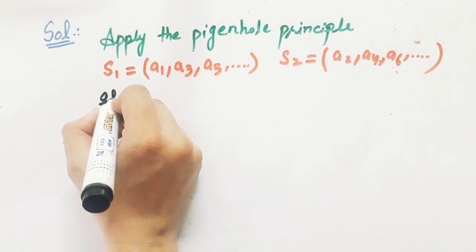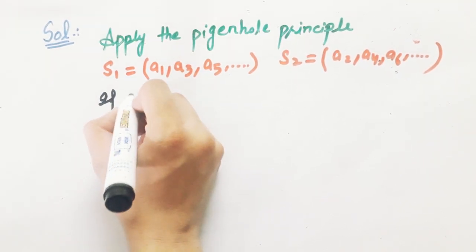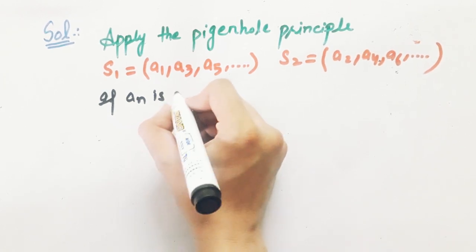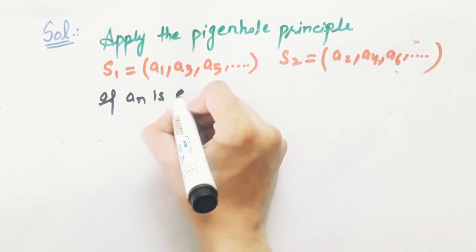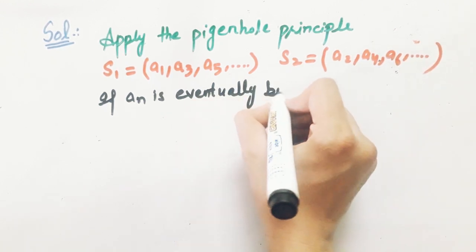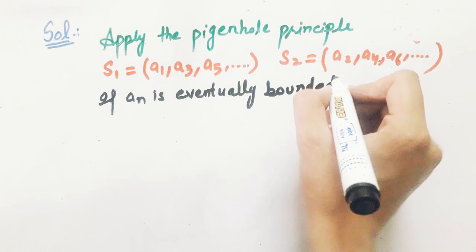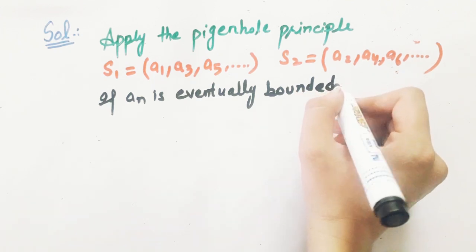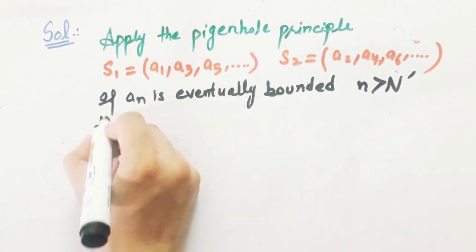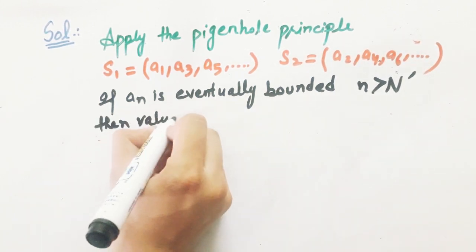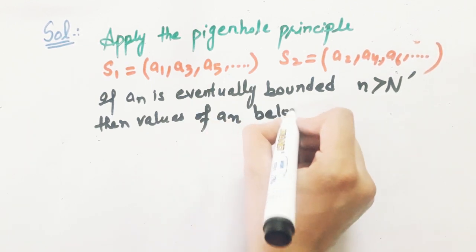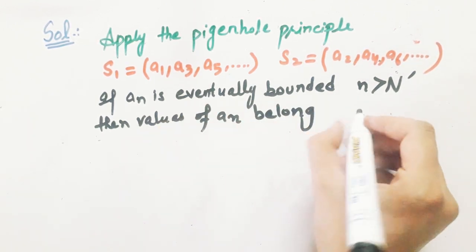If an is eventually bounded, this means that for small n greater than n dash, the values of an belong to a finite set.